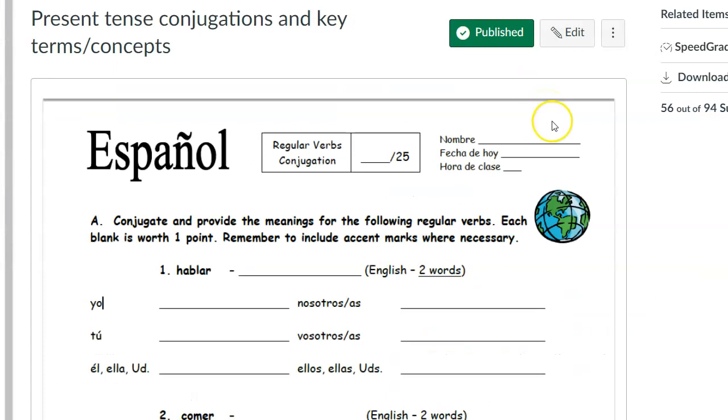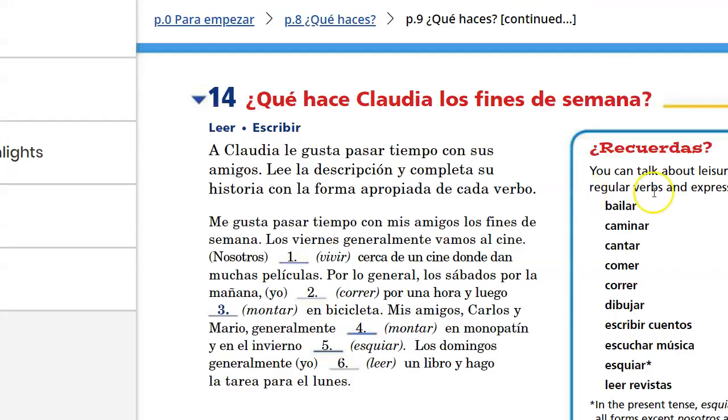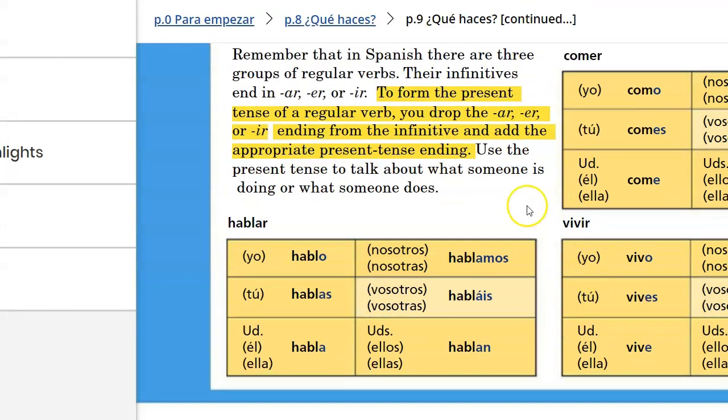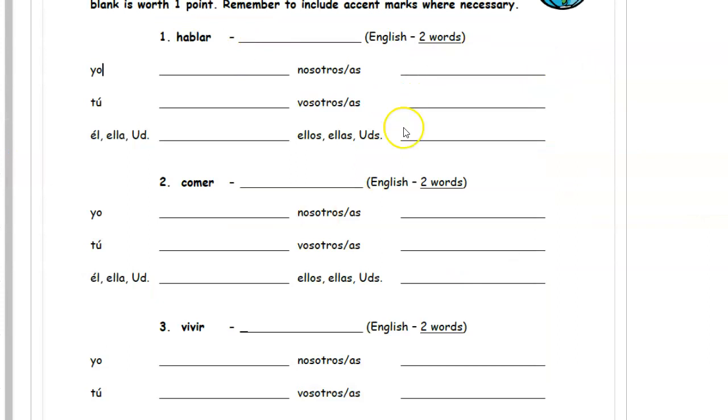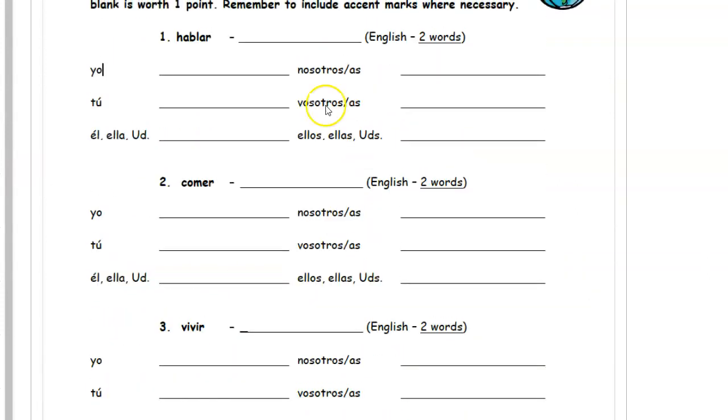The key concepts worksheet here, key terms and concepts. Basically, it's page 9, right? It's basically this chart and this definition for how you would fill out this worksheet, right? All there on page 9. So some of y'all mixed up AR, ER, and IR endings, and that's why your score may have been affected accordingly.